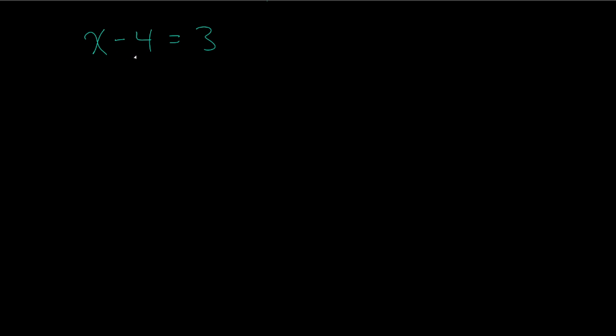What we tend to do is we work the order of operations backwards and we try to undo what's happening. We say we isolate the variable. I want to get x equals some number.